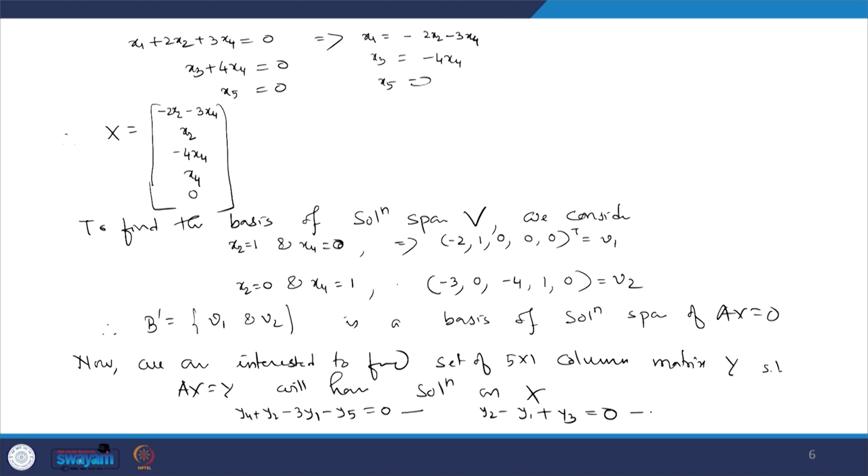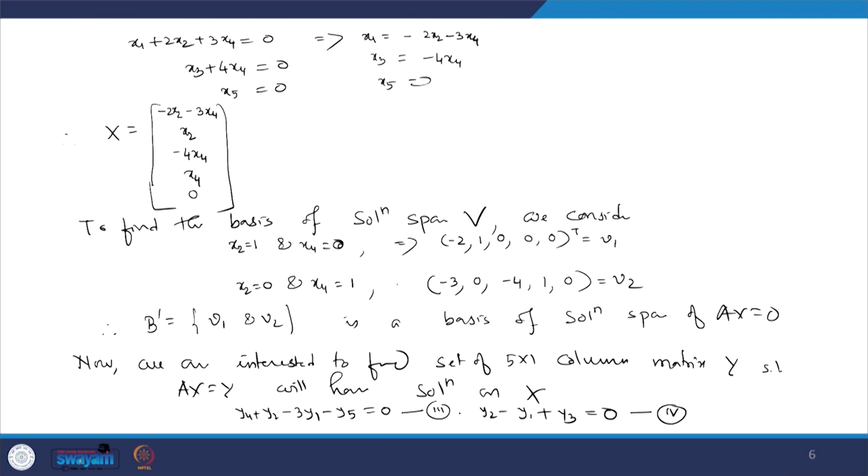These are the two conditions 3 and 4. So, all capital Y whose entries y1, y2, y3, y4, y5 satisfy conditions 3 and 4, for that set of Y, the system Ax equal to Y will have a solution X, provided the entries satisfy these two relations. So, this is all about the different questions I raised related to the given matrix.